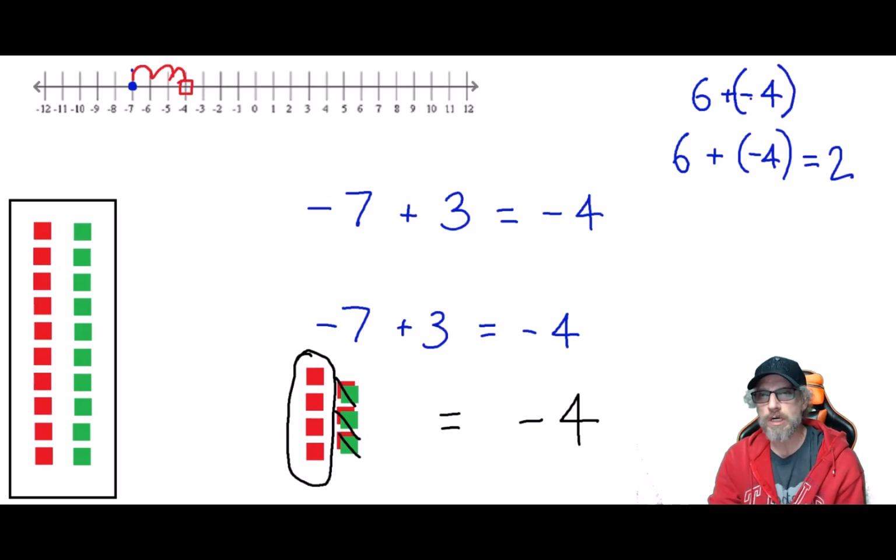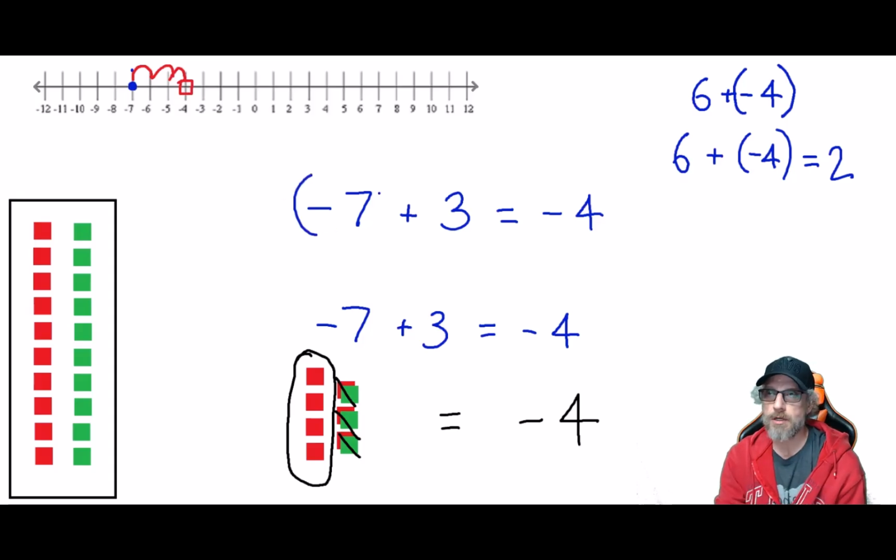So it's looking more clear that it's a positive 6 and a negative 4, and the operation between them is addition. In this more recent example, negative 7 plus 3 equals negative 4, we don't have the negative number in parentheses because we don't have a plus and a minus symbol side by side.